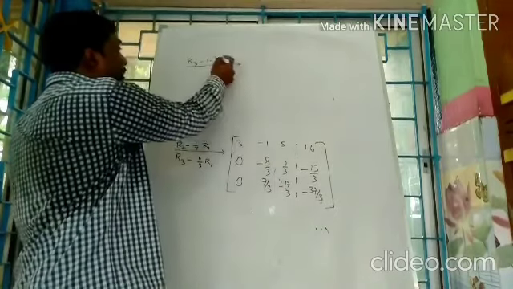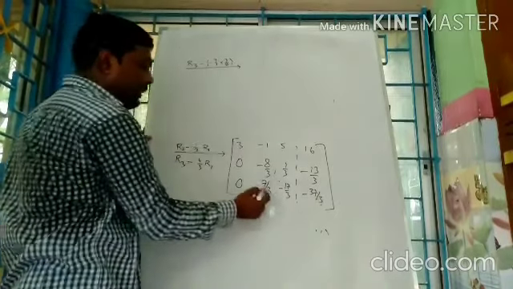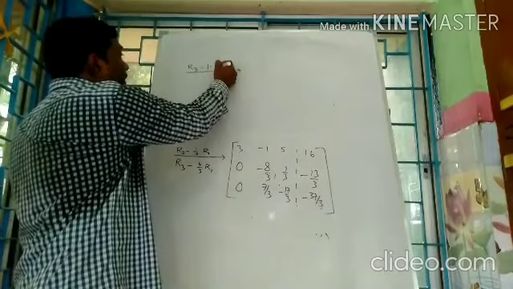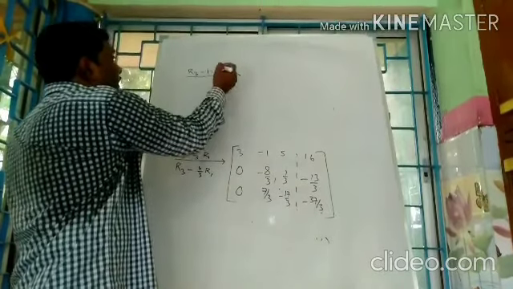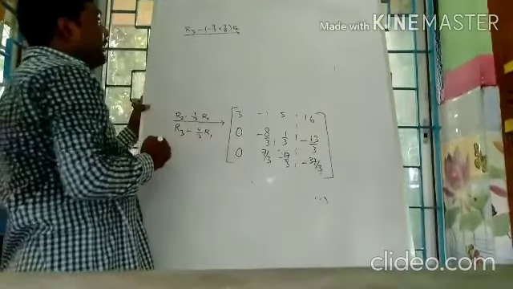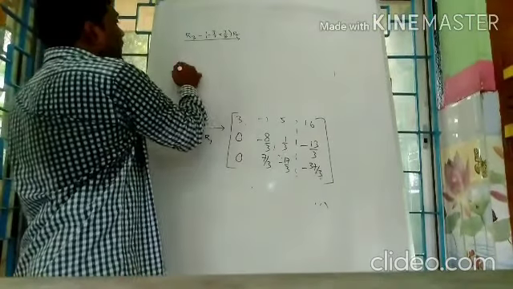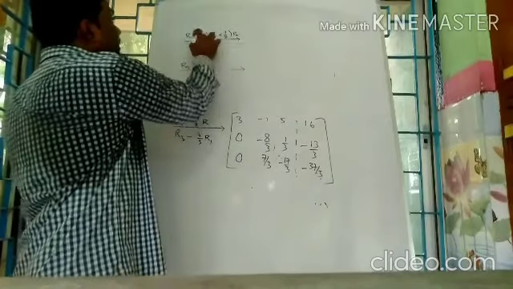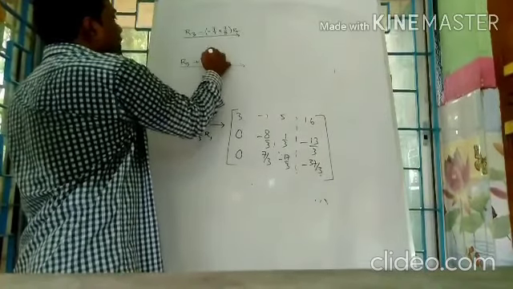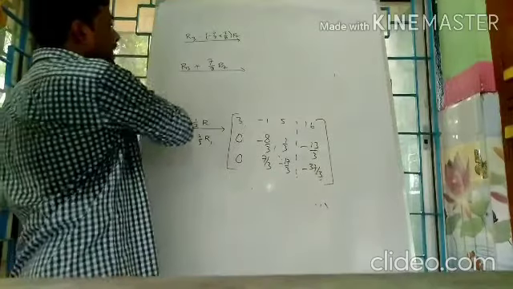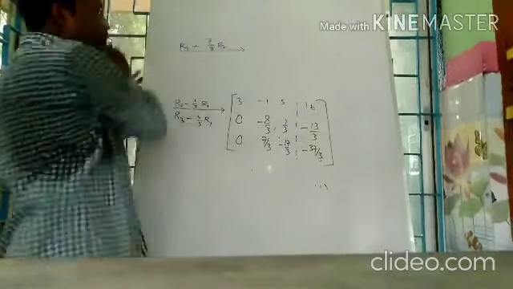So it is minus 3 by 8, then multiply by 7 by 3. So it is minus 7 by 3 into 3 by 8 into R2. That is R3 plus 7 by 8 R2.